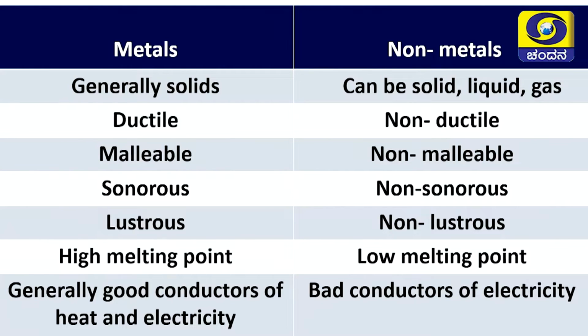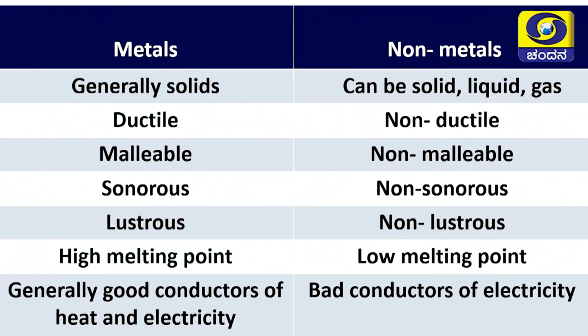Metals are malleable, that means they can be beaten into thin sheets, but it is not possible with non-metals. They are non-malleable. Metals produce a ringing sound, that's called sonorous, the characteristic sound of metals. But non-metals are non-sonorous; they will produce a sound but not a ringing sound. Okay, we can identify from the sound itself whether it is a metal or non-metal.